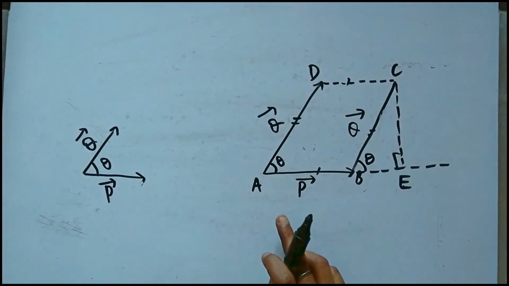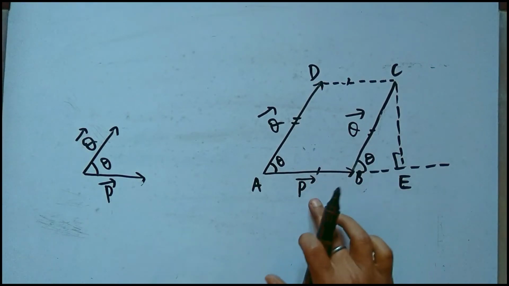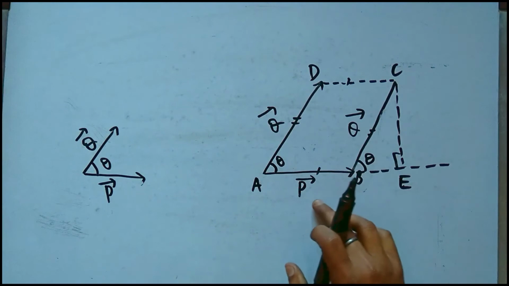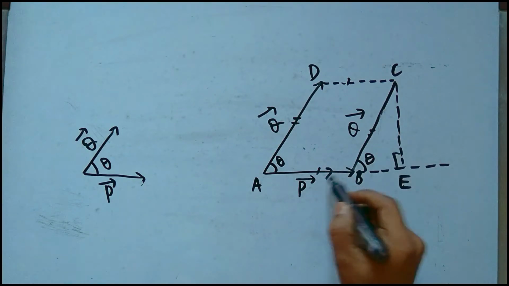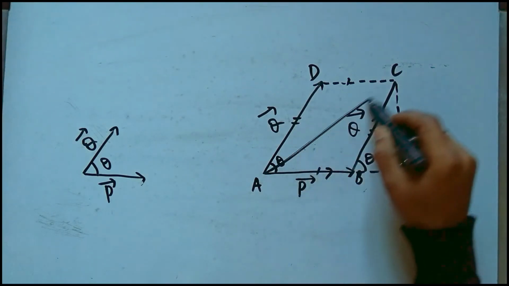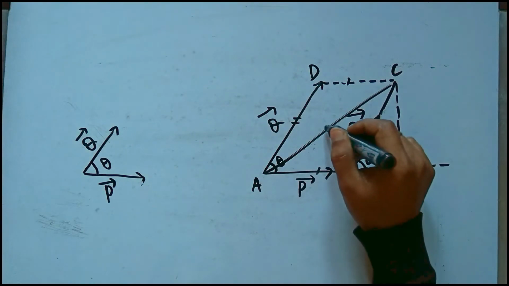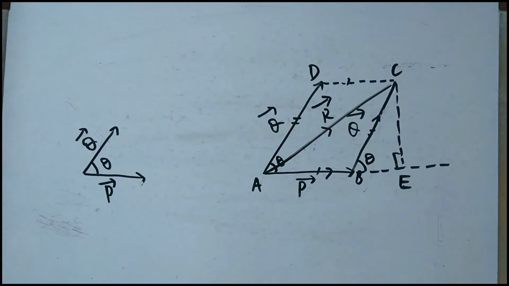By parallelogram law of vector addition, what does it say? If two vectors, vector P and vector Q, are the two sides represented in same order, then the diagonal connecting them is the resultant of these two vectors.